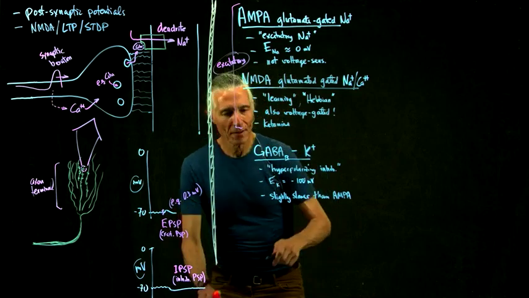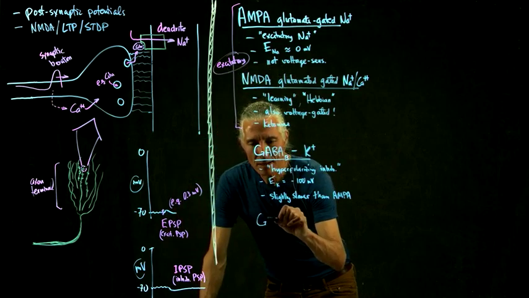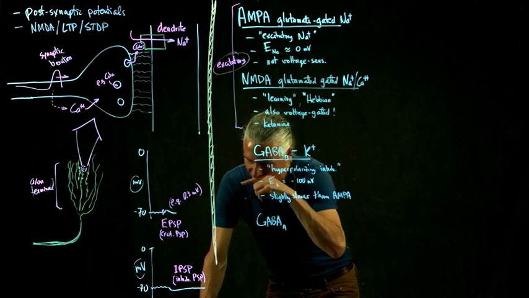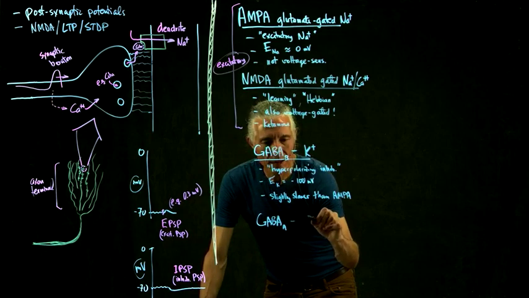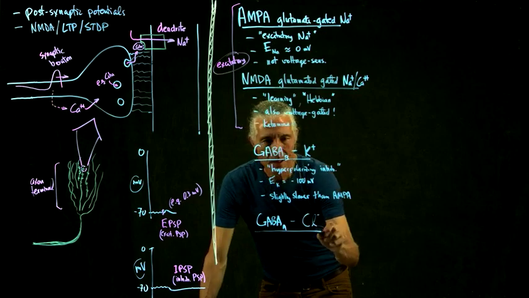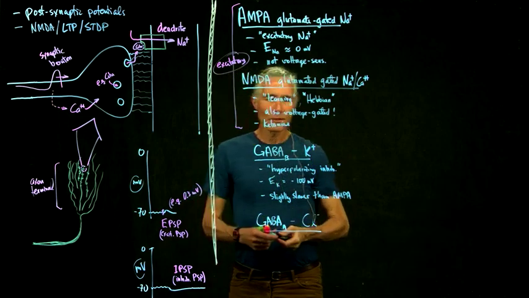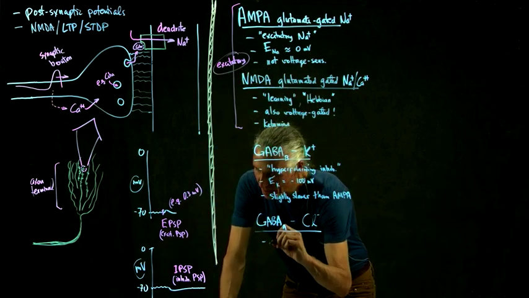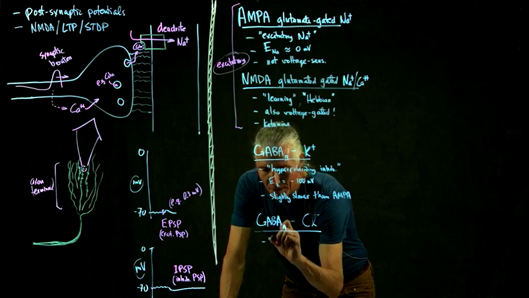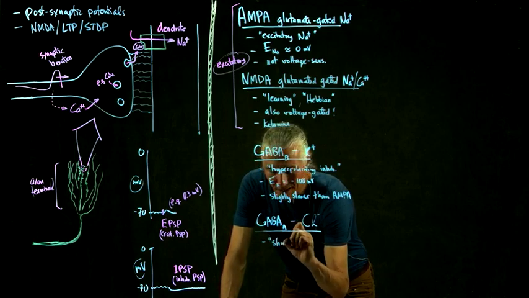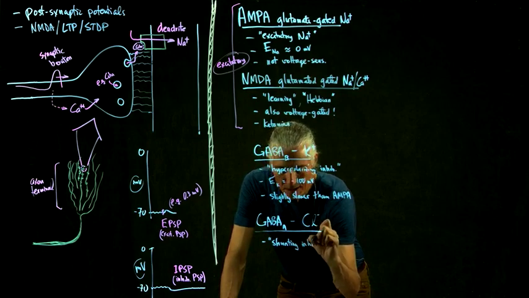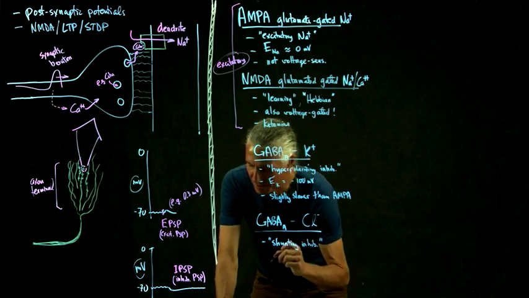And then there's another one called the GABAa chloride channel. This is another extremely important inhibitory channel all over the place. And this guy is sometimes called the shunting inhibitory channel. I'll try to explain what we mean by that.